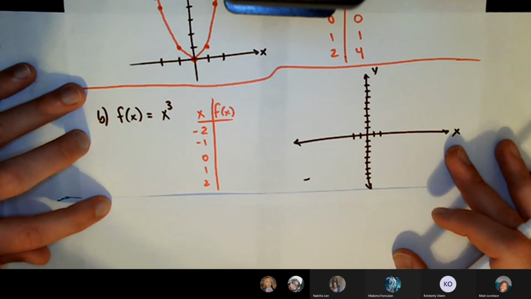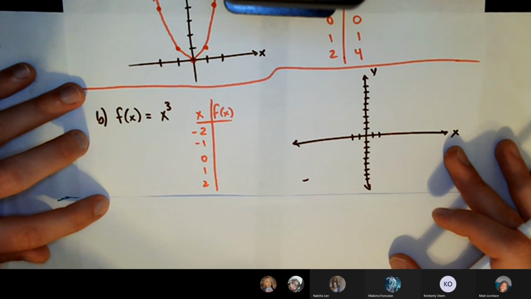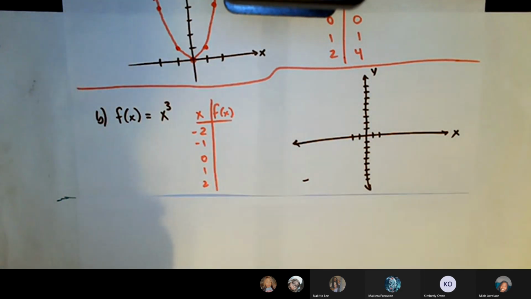I can't see anything. I just see the graph. Oh, is yours frozen too? Yes. Okay. Let's wait. Nikita said hers is frozen too. I guess let's wait a second. Maybe campus Wi-Fi is messing up. Let's give it a second.